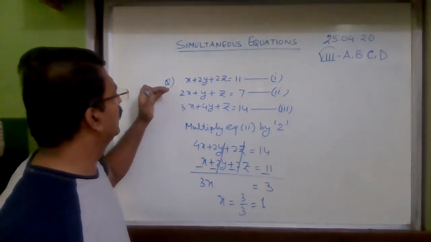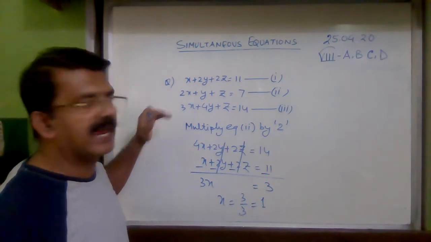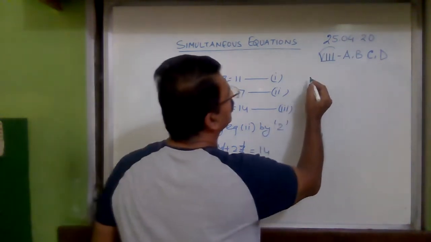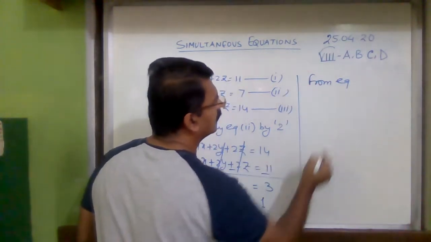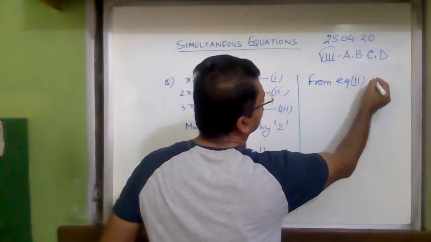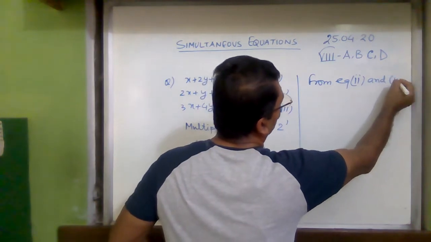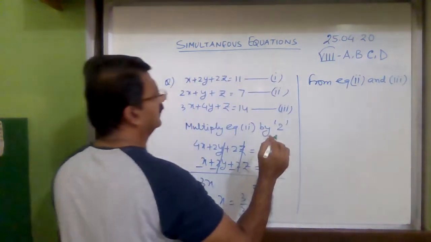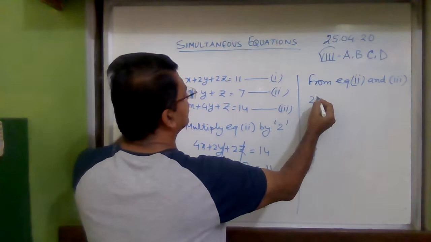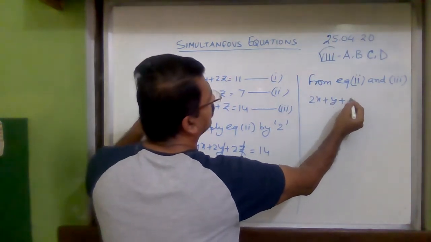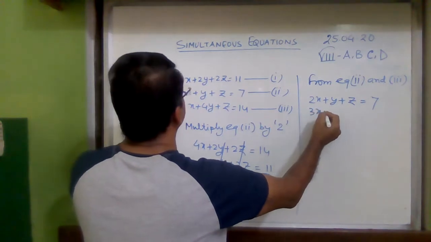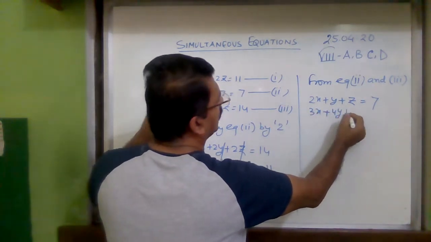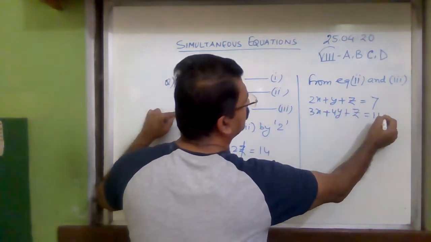Now what we do, from equation 2 we will subtract equation 3. So it is 2x plus y plus z is equal to 7, and 3x plus 4y plus z is equal to 14.